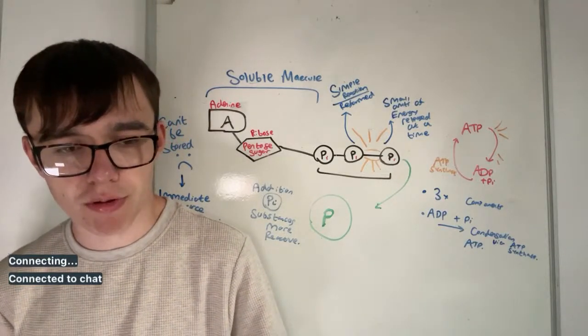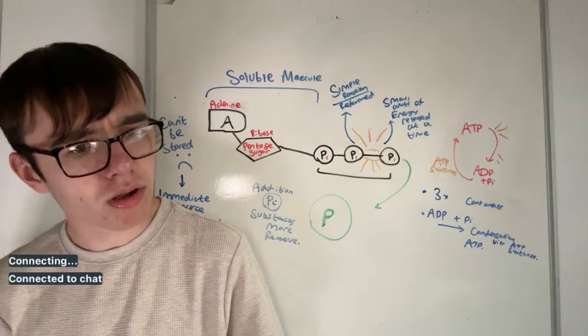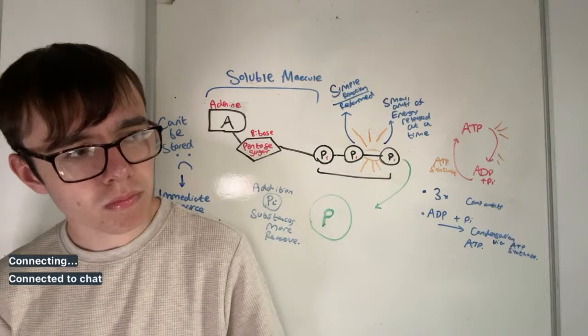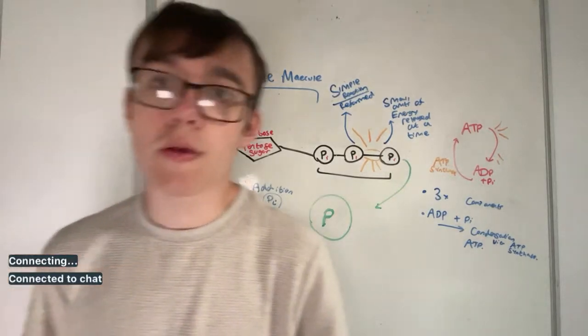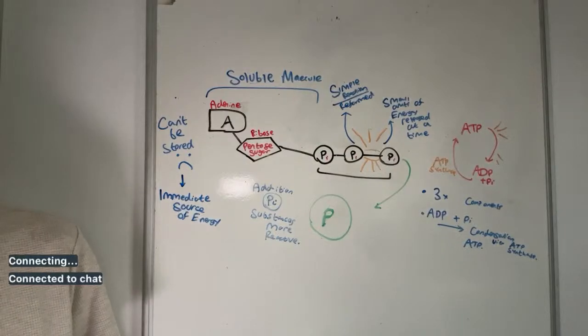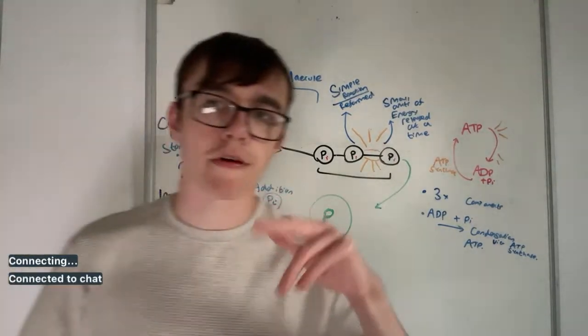Condensation is the removal? Okay, I'll go with ADP and Pi, but let's see whether it was water molecule. Oh, ADP and Pi. Okay, cool. So I wasn't overthinking there.